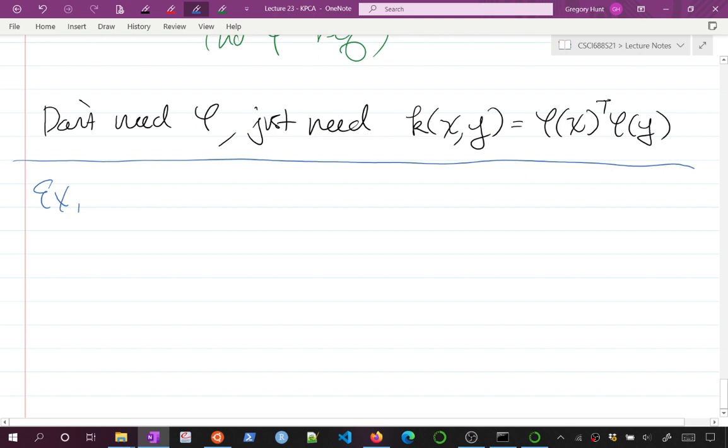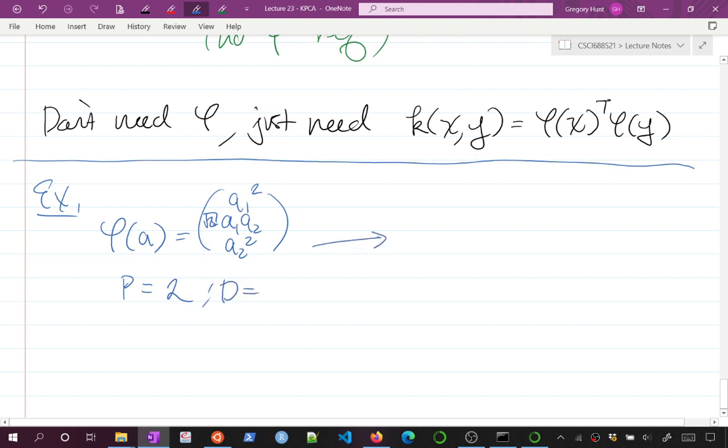So examples of this, we had our first example, which is like a phi of some vector was the first element squared, the square root of 2 times the product of the two elements, and then the second element squared. And so here p was equal to 2, and this embedded us in a three-dimensional space because I had 3 elements of this vector.